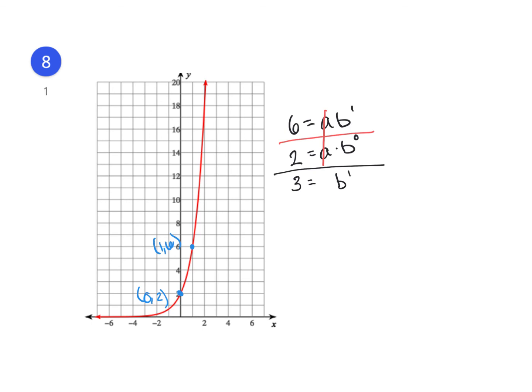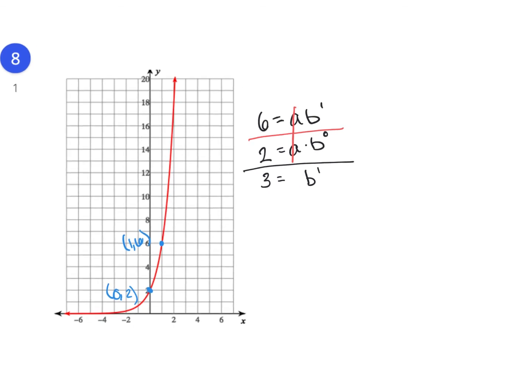So we'll take this, we will plug this in to one of our equations. I know I usually do the bottom one. I think I'm actually going to do this one up here just so I don't have to deal with that exponent of 0. But I'll plug this in here. So we have 6 is equal to a times 3 to the power of 1.